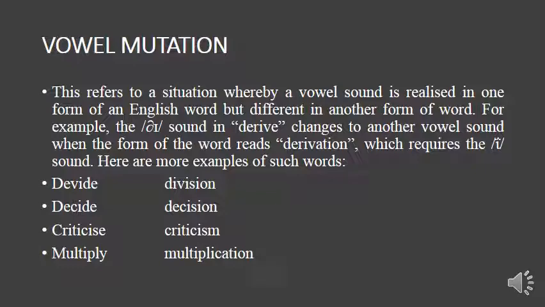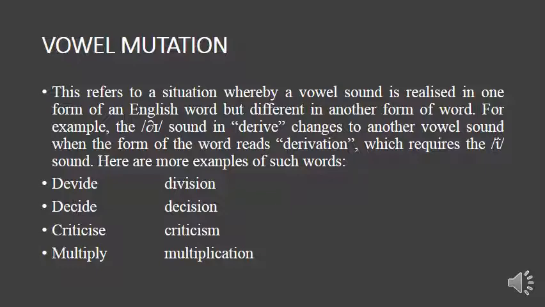We can see that the same I letter in divide is the same one in division, that is, there is VI, but in the process of pronunciation, in divide the sound is a diphthong, while in division the sound is a monophthong. So this is what is called vowel mutation.